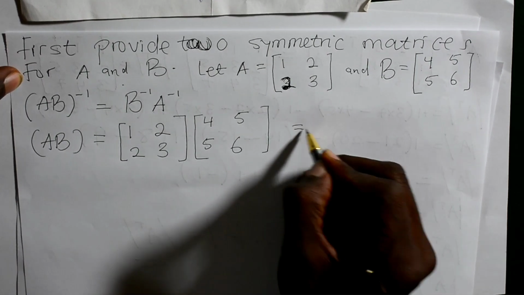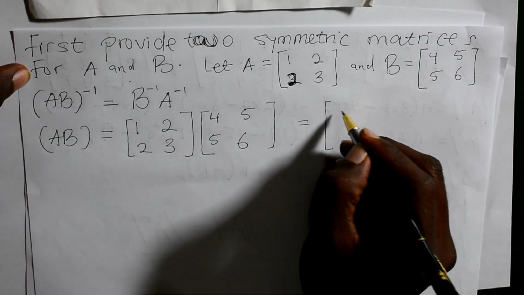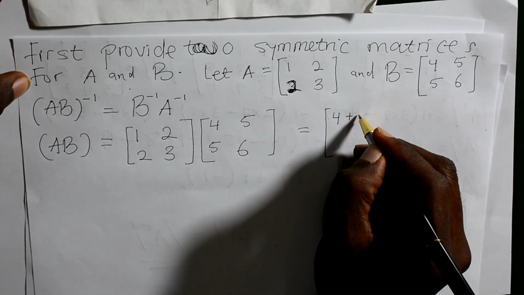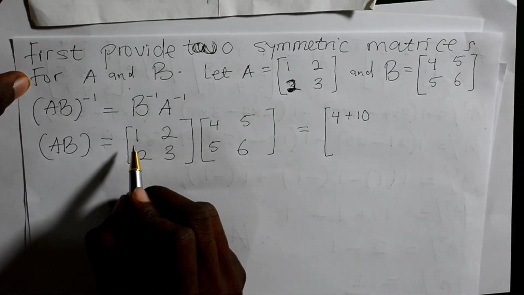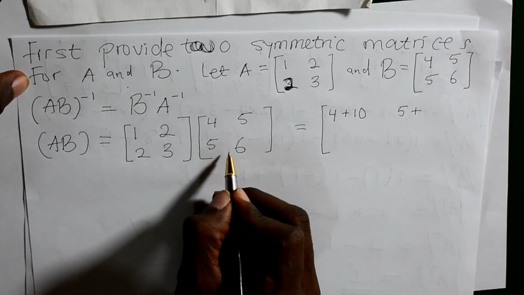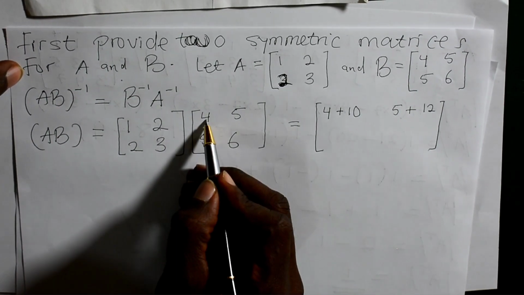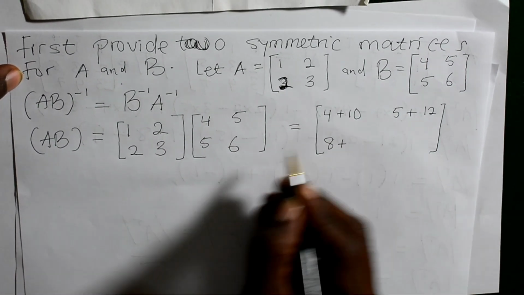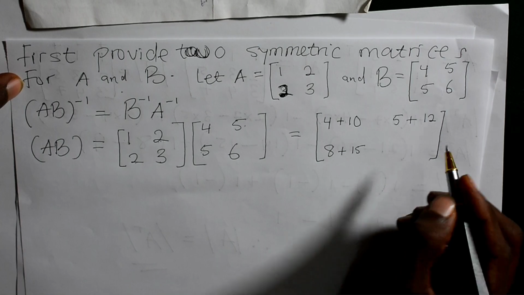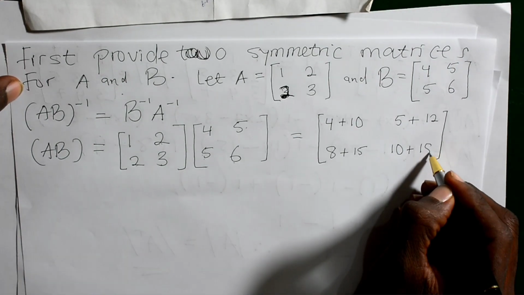So now we are going to multiply these two matrices. 1 times 4 gives us 4, plus 2 times 5, 10. Then 1 times 5, 5, plus 2 times 6, 12. Then 2 times 4, 8, plus 3 times 5, 15. Then 2 times 5, we have 10, plus 3 times 6, that is 18.